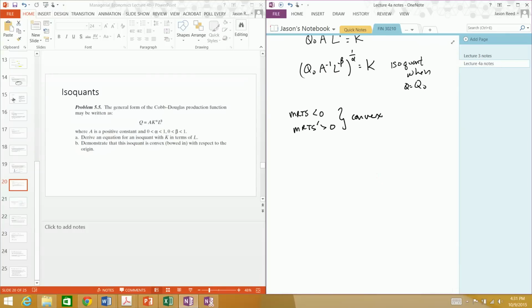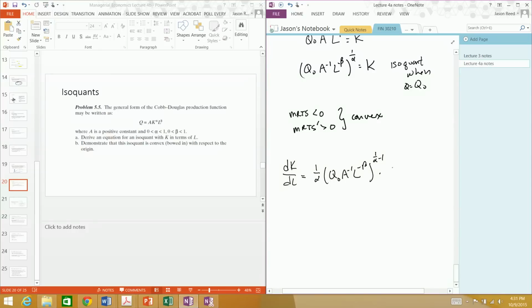Let's take the derivative of K with respect to L. So dK/dL tells us that we have alpha Q sub naught, keep the inside the same here, then 1 over alpha minus 1 times the derivative of the inside.